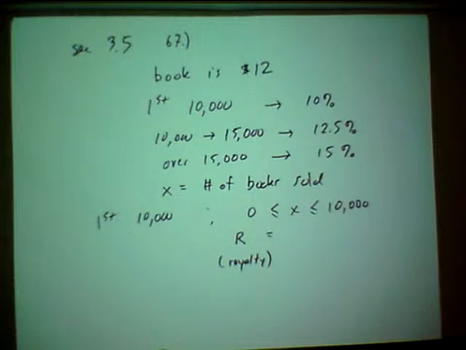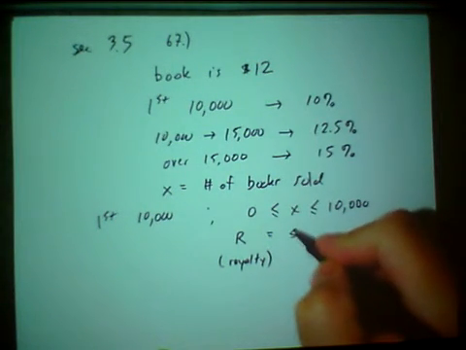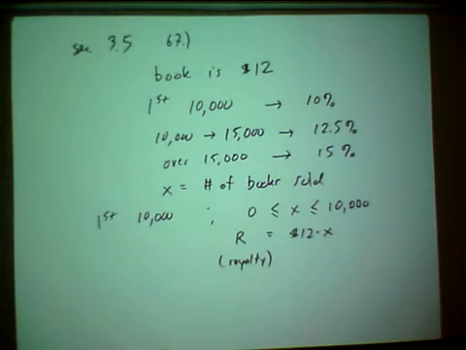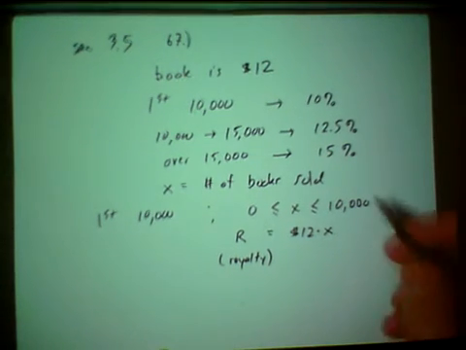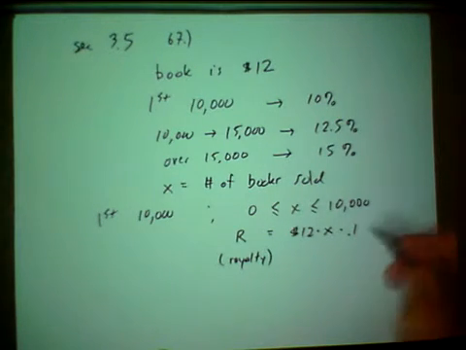For this case, it's pretty straightforward. You take the cost of the book, which is $12, you multiply it by how many books are sold, and then his cut is 10%, which you convert to a decimal. 10% as a decimal is 0.1.